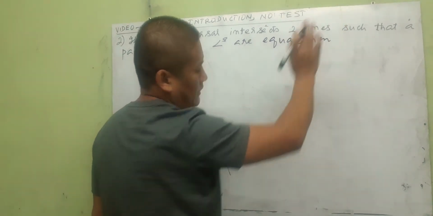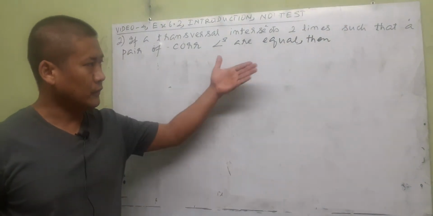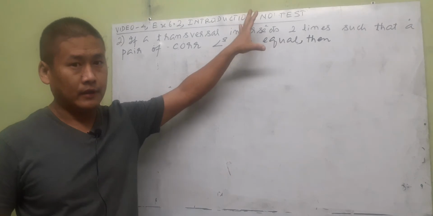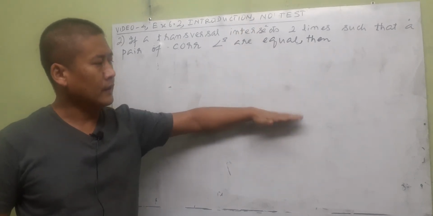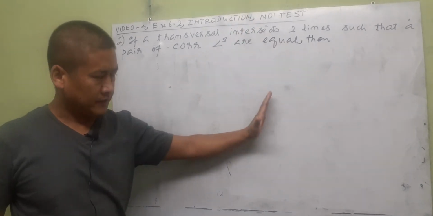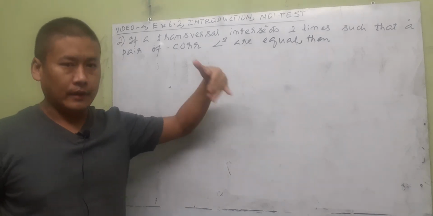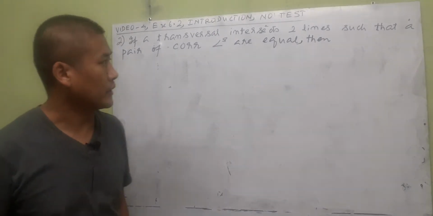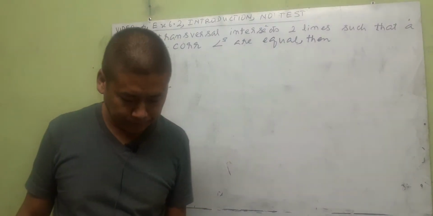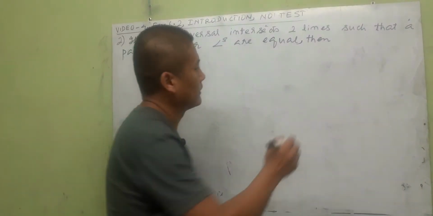Then the theorem is saying, this is the converse of the one we did in 1. 1 is: two parallel lines, if cut by a transversal, then the corresponding angles are equal. Here, if the corresponding angles are equal, then the lines are parallel, the reverse or the converse. Then the two lines are parallel.